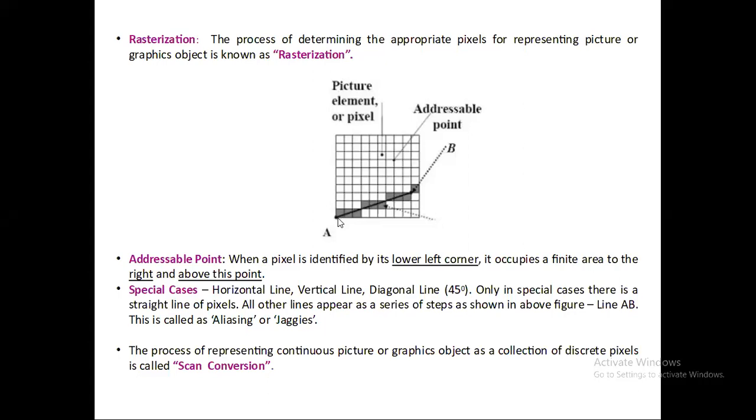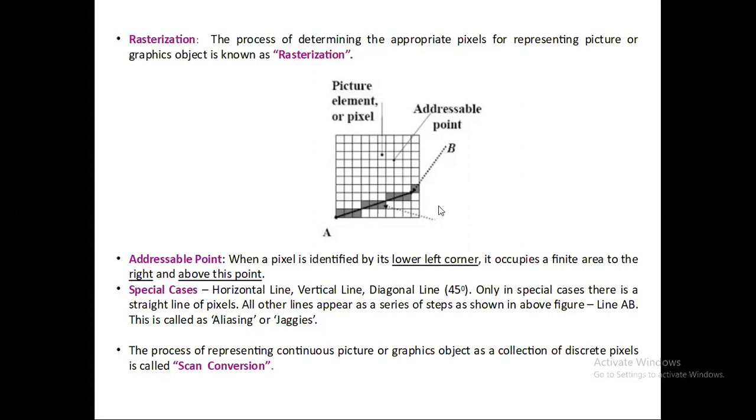So in this case, it comes as a quite straight line. Similarly, if I plot the horizontal line, that is 0, 0 to 10, 0, this line will be highlighted. Again, it will be quite a straight line.